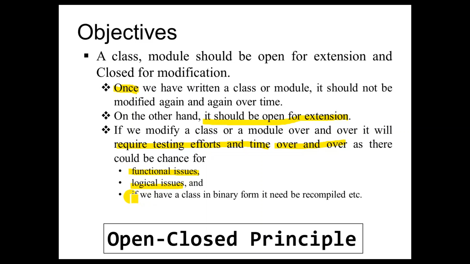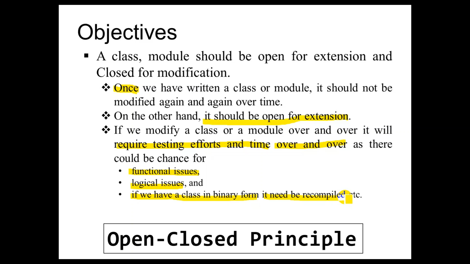For example, if we have a class in binary form, it needs to be recompiled. So our objective is that a class, a module, or a function or a method should be open for extension and closed for modification, and this is called the open closed principle.